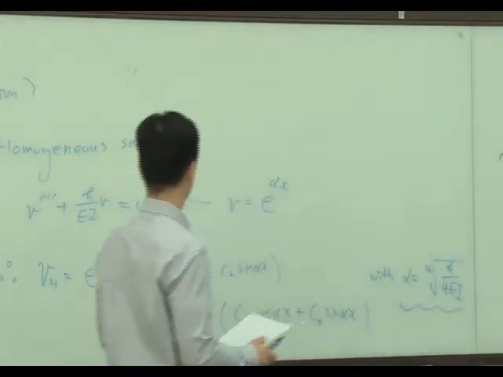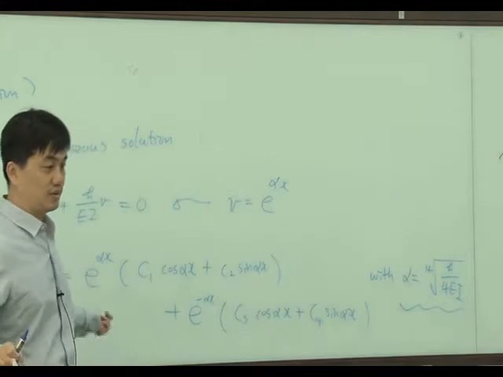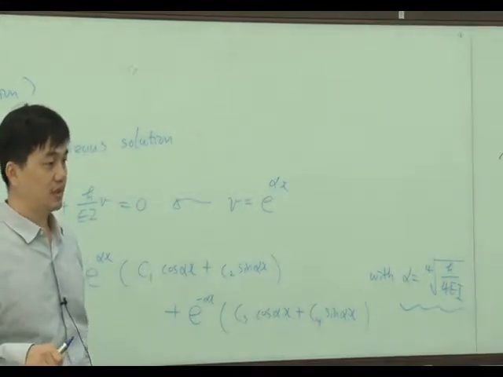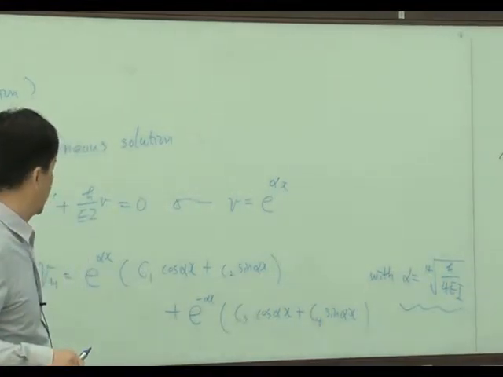This is the homogeneous solution. So we have an exponential term and sine and cosine terms.